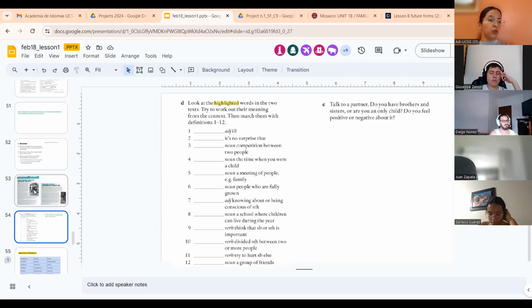So you are going to figure out the meaning of the words so that you can match them with the corresponding definition from 1 to 12, okay? And the last one, E, talk to your partner. Do you have brothers and sisters? Are you an only child? Do you feel positive or negative about it?